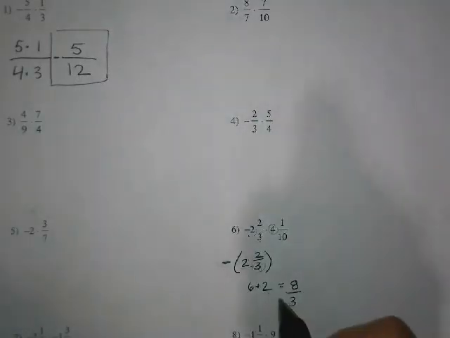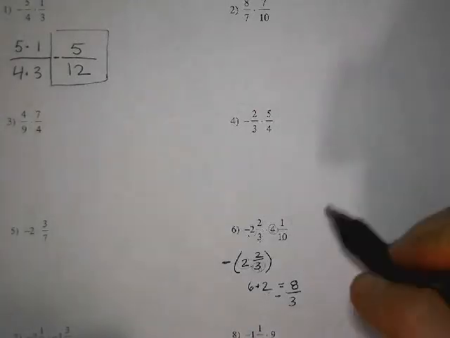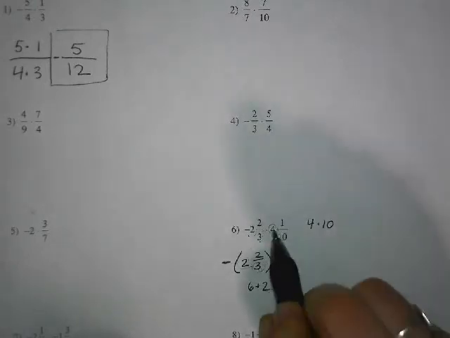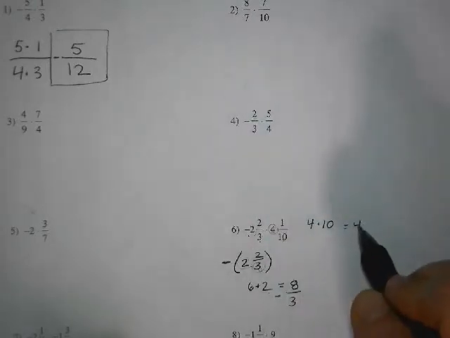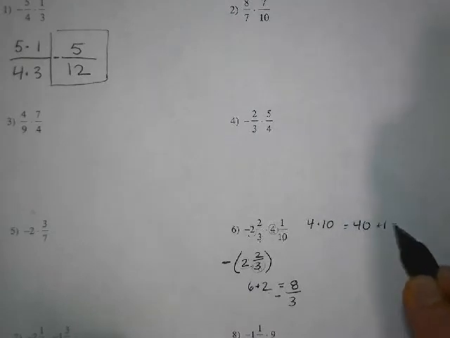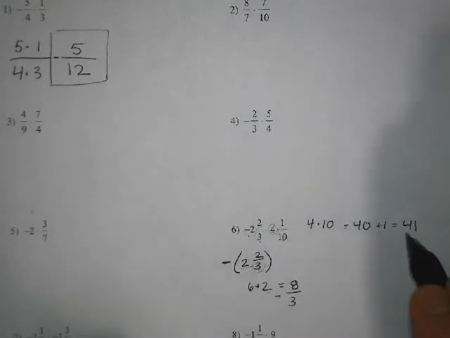And now let's bring that negative back over here. So for this one, we're going to do 4 times 10, right? 4 times 10 equals 40. We're going to add that to the top. 40 plus 1 equals 41. And our denominator stays the same at 10.